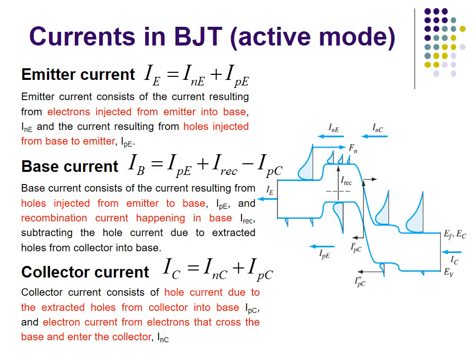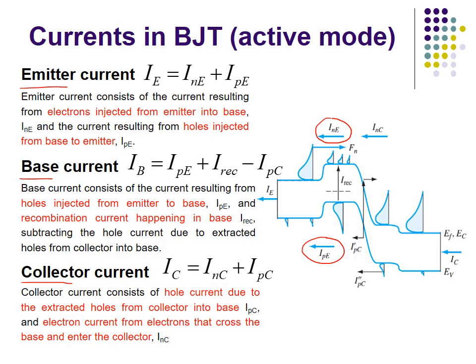There are three current components in BJT: emitter current, base current, and collector current. Emitter current consists of the current resulting from electrons injected from emitter into base, INE, and the current resulting from holes injected from base to emitter, IPE.